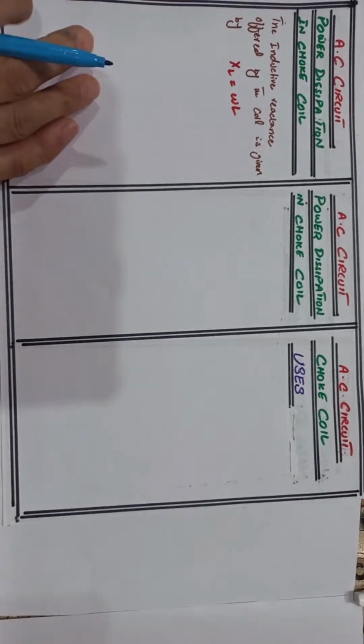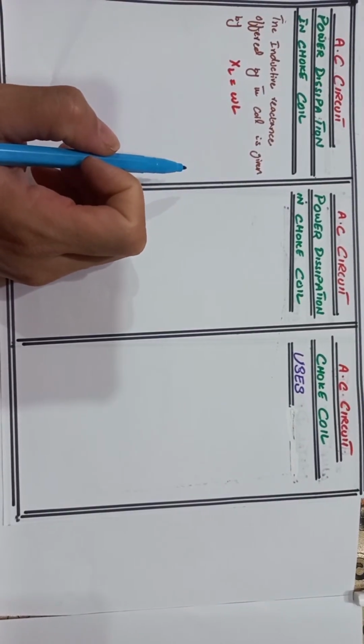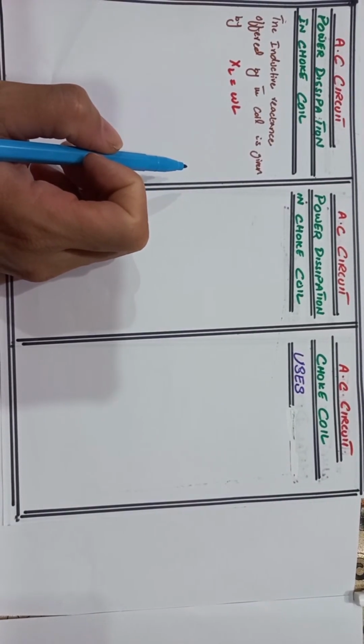Okay, in the case of an inductor, the current always lags behind the voltage by a phase angle of 90 degrees. In the last lecture, we discussed that the current lags behind the voltage by a phase angle of 90 degrees.